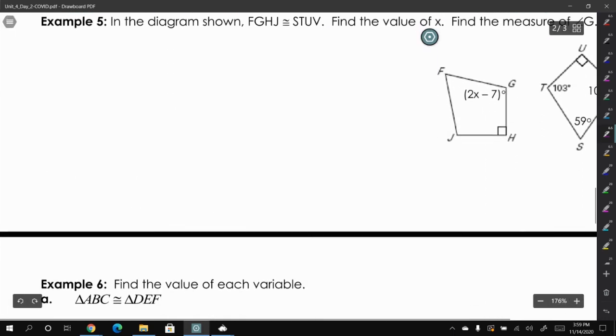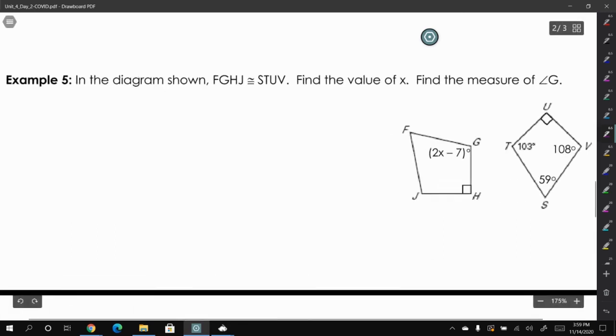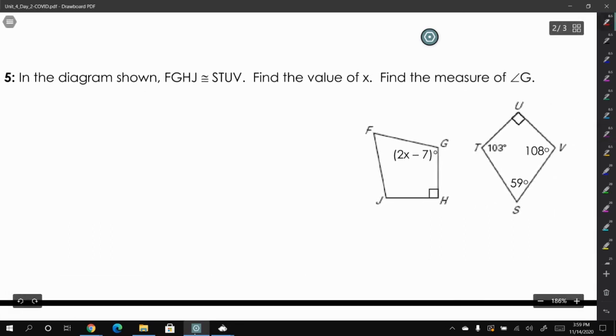And then down here, what we're going to do is find the value of x given our situation here. So again, let's get out our colors, and F and S go together. F and S, G and T are corresponding parts.